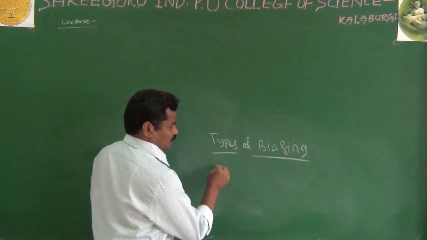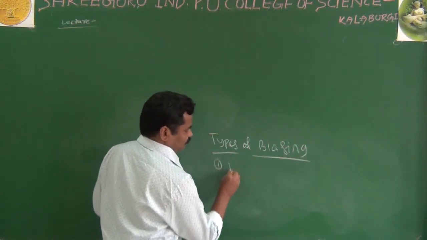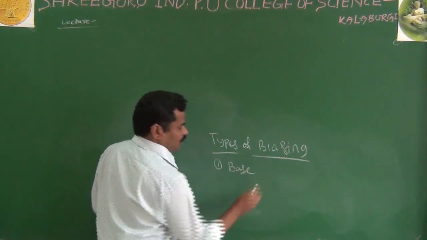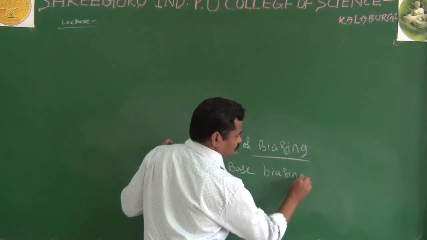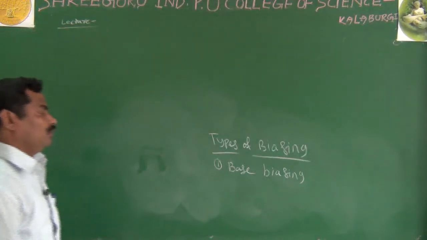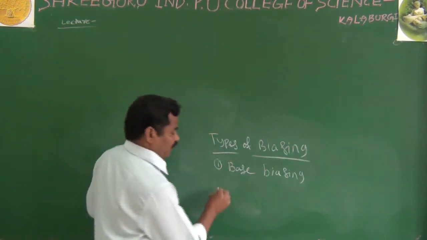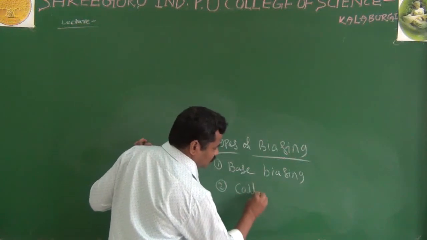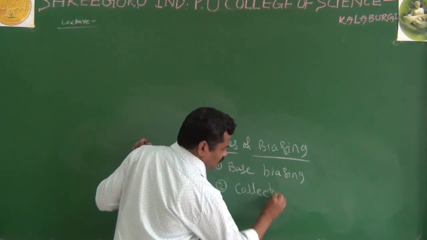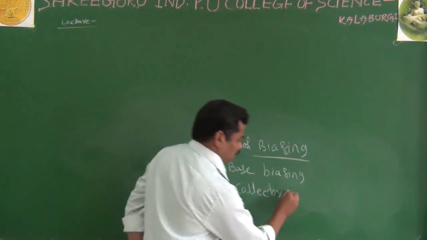The first one is called base biasing. The second one is called collector feedback bias.